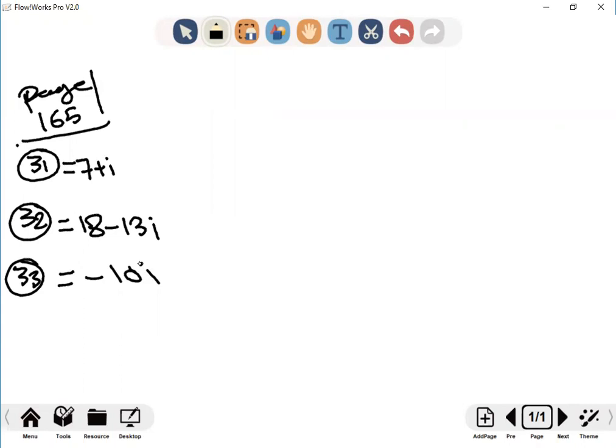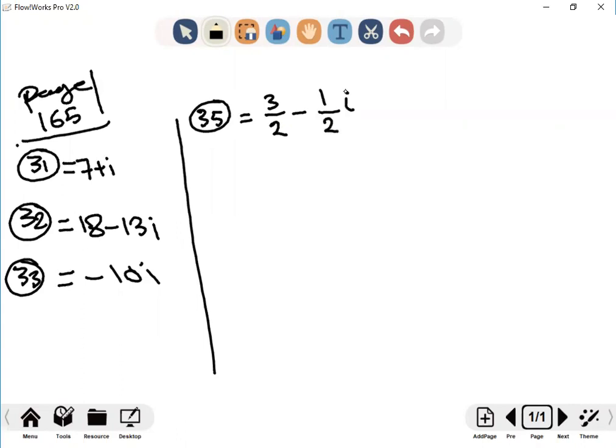Question 35 is three over two minus half i, or i over two, the same.